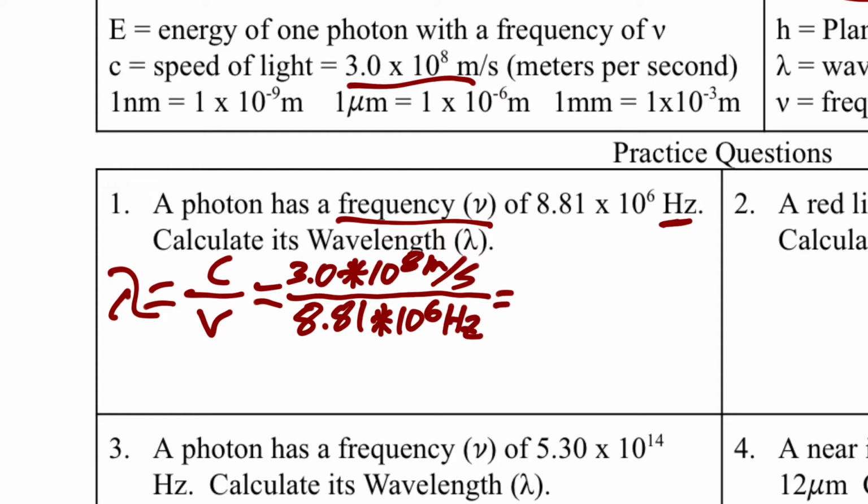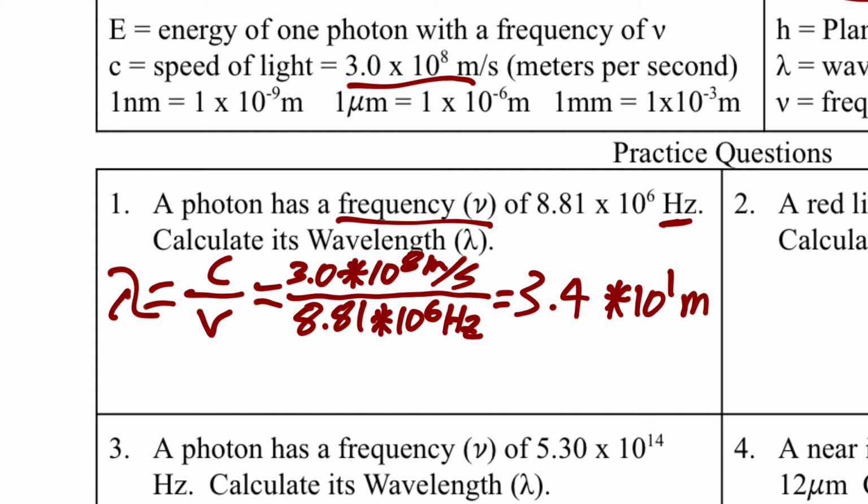If you plug it into the calculator, you're going to get something times 10 to the 0.4, I think. And so it's going to be around 3.4 times 10 to the first power in meters.